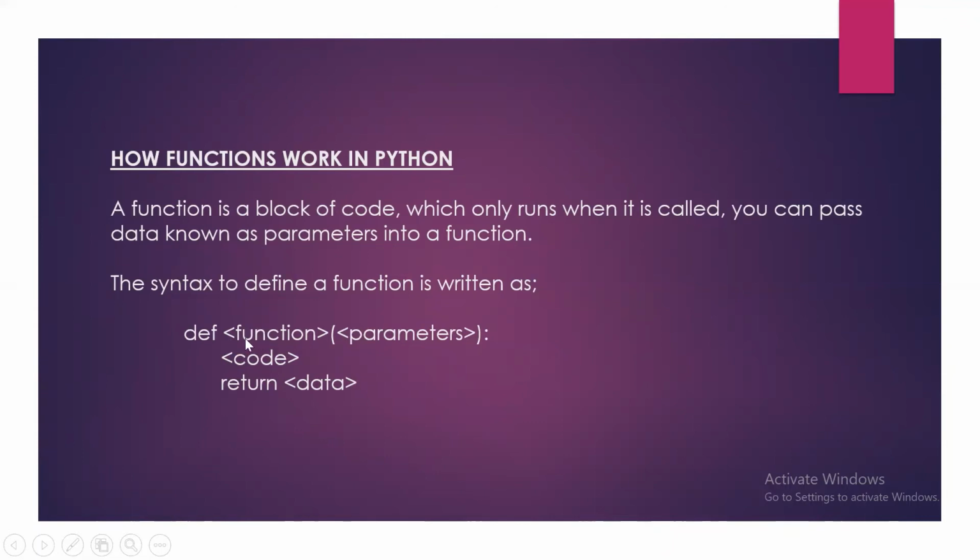So we define a function which performs a specific operation on these parameters, the operation is defined in this code, and it returns the result, which will be our data. So let's see how we can perform this in Python.